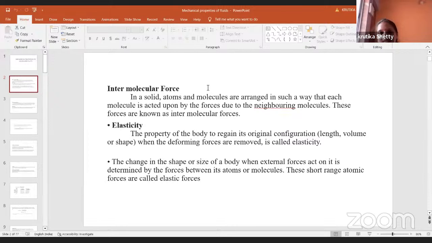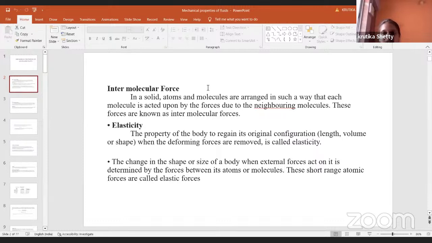In case of solid, the molecules are tightly bound to each other, in case of liquid, the molecules are little away from each other, and in case of gases, the molecules are far away from each other. So based on the intermolecular forces we can distinguish solid, liquid and gases.